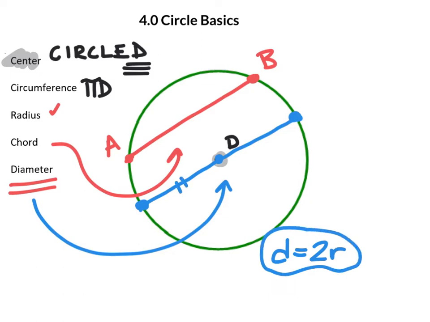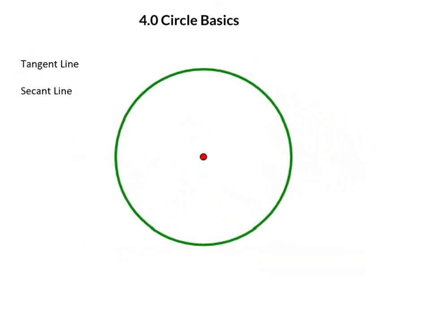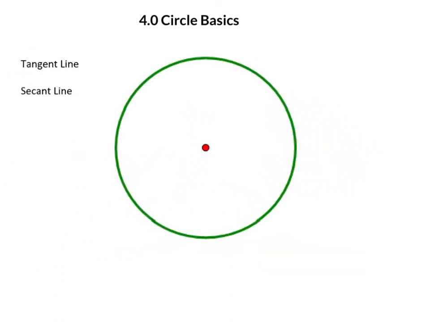Now, these are the things that you would feel very comfortable with, but let me add some new things to you. A tangent line is something that will become important in lots of different places in the future. And basically, a tangent line is defined by a line that strikes the edge of the circle exactly once.